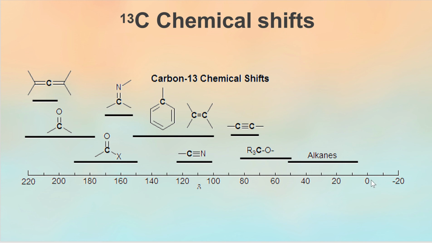It goes from 0 to, here, 220 ppm, right? These carbons are reflective of the electronic environment they're in. Alkanes are more shielded and more upfield. And clearly we have some electronegativity here, so those carbons would be more de-shielded.